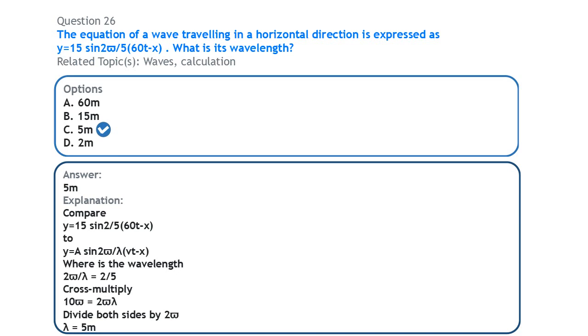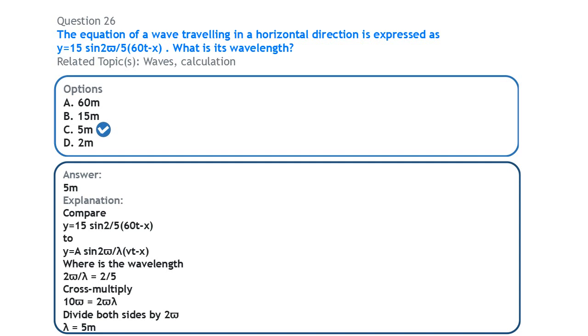To find the frequency, if you are given an equation like that, the first thing you have to find is the velocity, which here is 60, and the wavelength, which we calculated to be 5. You then say that the frequency is equal to the velocity divided by the wavelength. So that will be 60 divided by 5, and that will be 12.